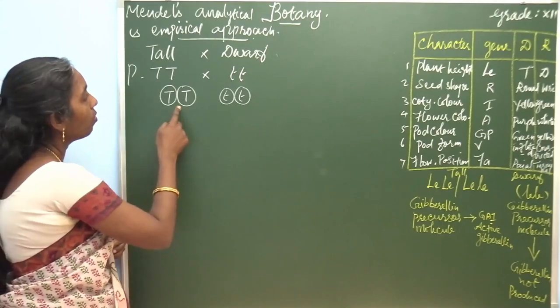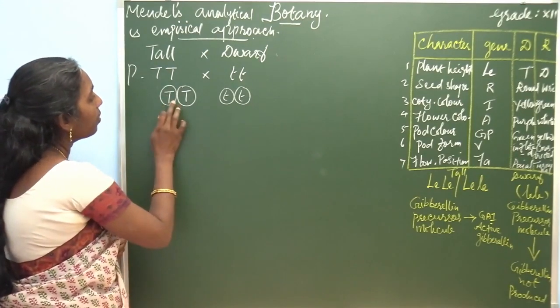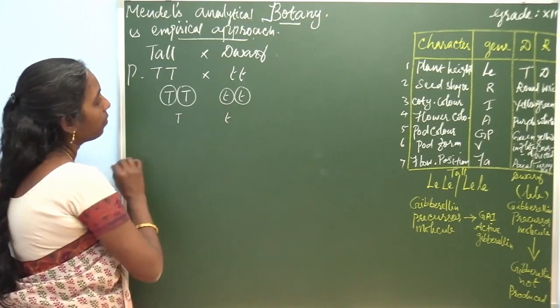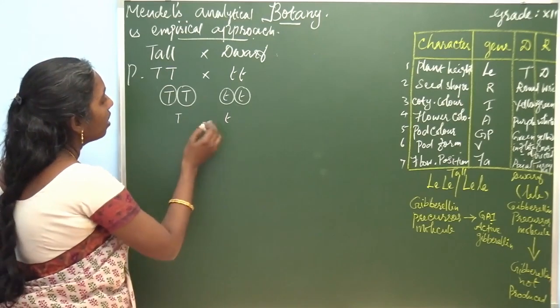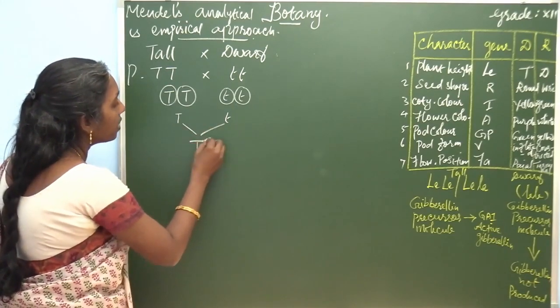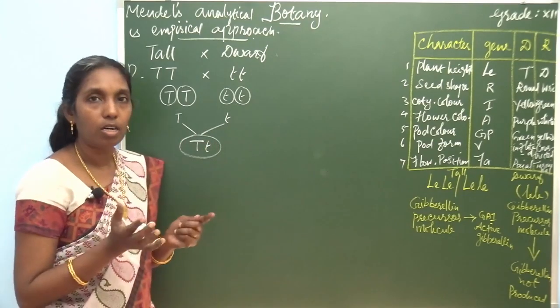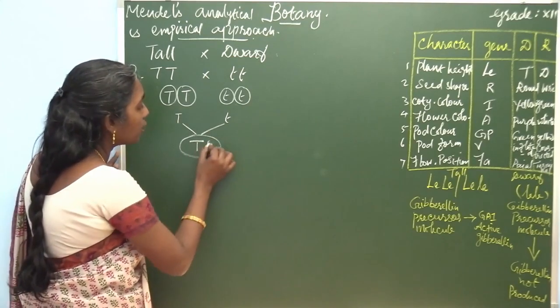These are the alleles, but the gametes are capital T and small t. So, in the F1 generation, it produces capital T small t, which is all heterozygous tall.